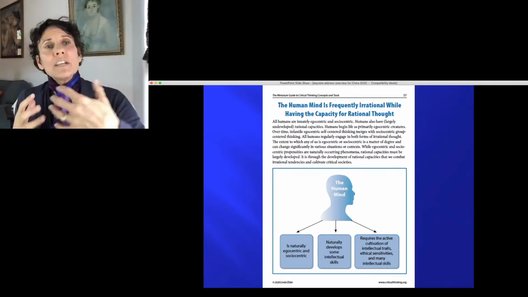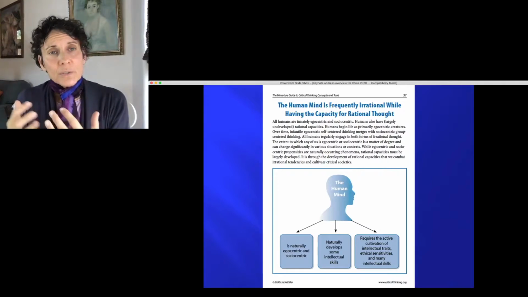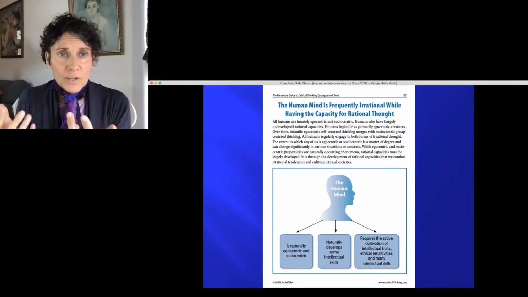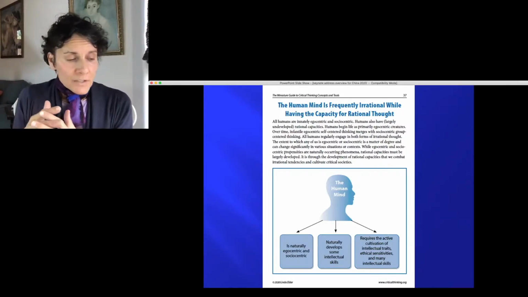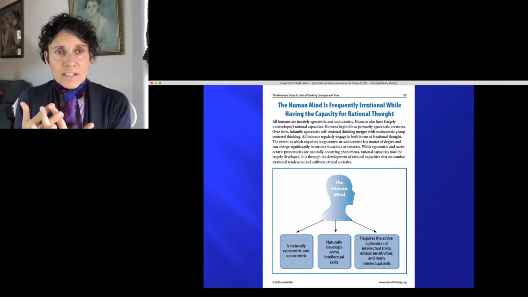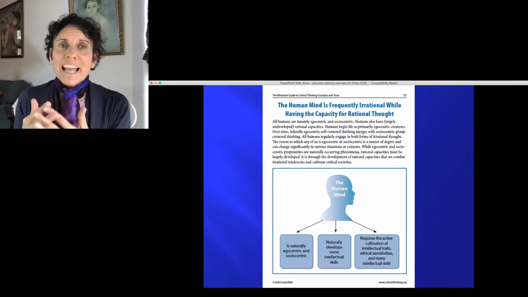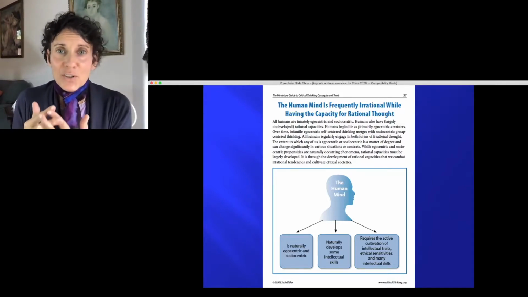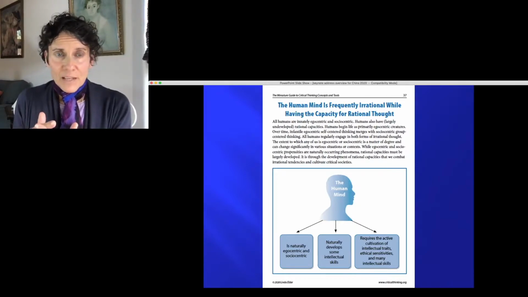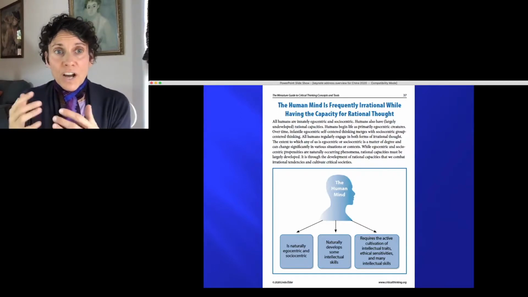And that is often coming from either their egocentric or their sociocentric thinking, or a combination of both. So if we do not teach these concepts of egocentric and sociocentric thinking directly, we're really not going to be able to achieve our goal of advancing critical thinking across human societies, because we'll be thinking that we're doing it when actually we're not.